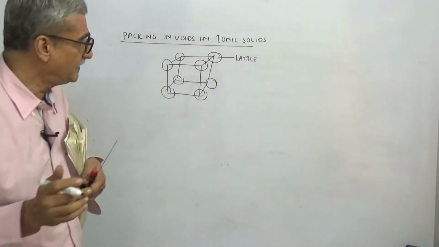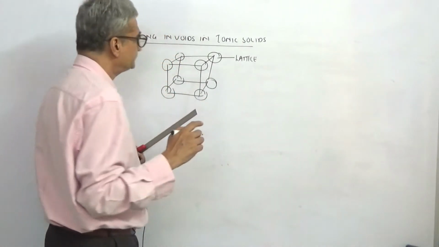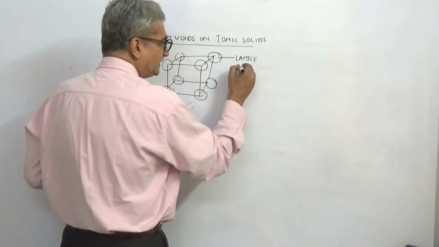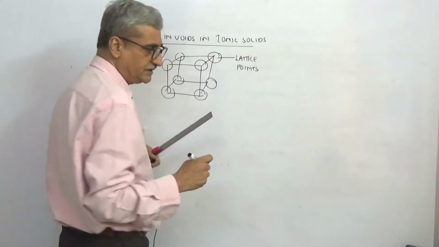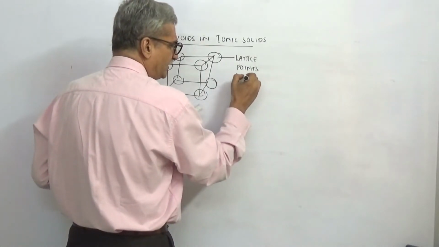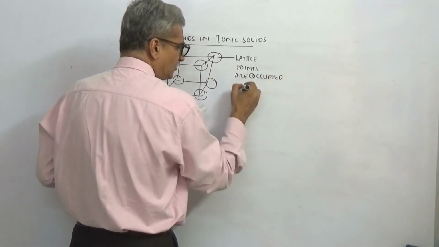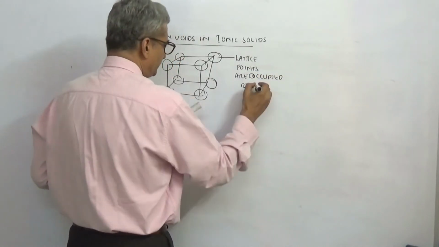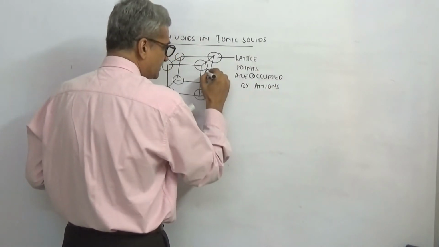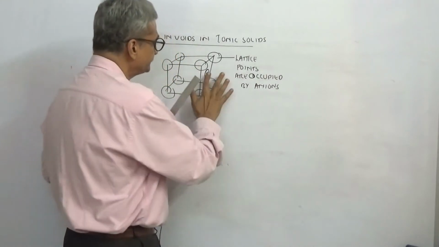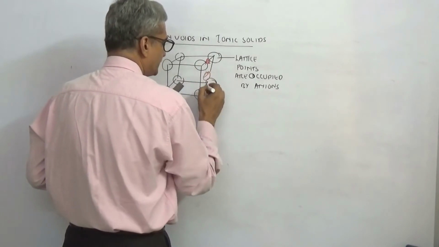Is this point clear? So what happens is, in an ionic crystal, lattice points, irrespective of whether it is corner, face or center, are occupied by what? By anions. And let's use a different color for the void space. These are the void spaces.